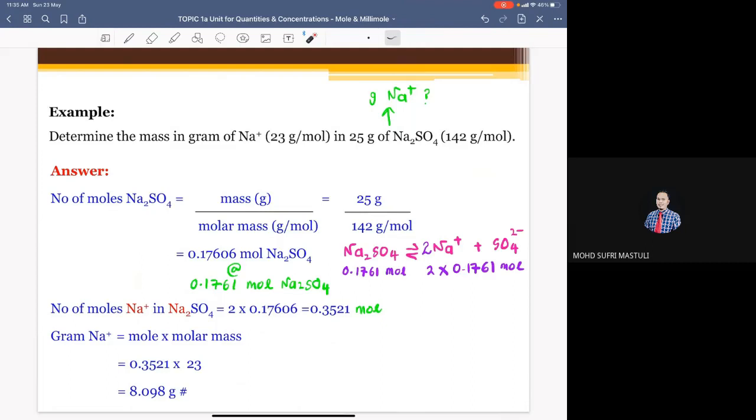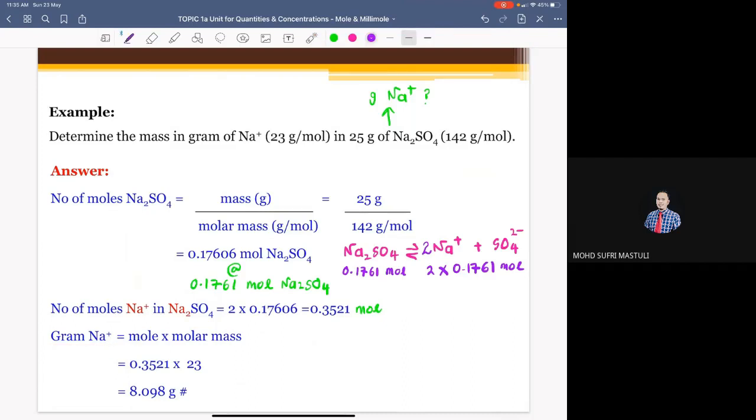When you obtain the moles of sodium in sodium sulfate, you can automatically calculate the gram, sorry, the gram of sodium.